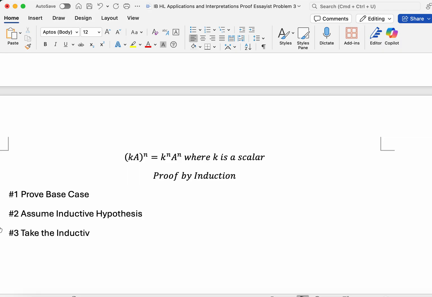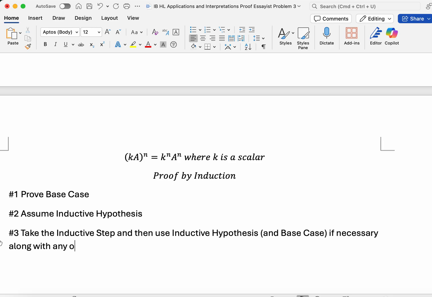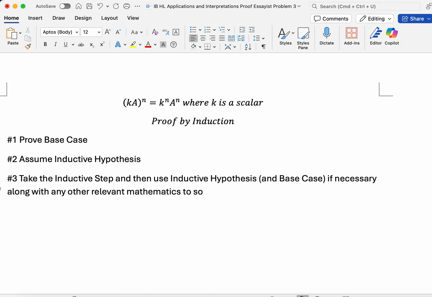Take the inductive step. And then use the inductive hypothesis and base case, if necessary, along with any other algebra, with any other relevant mathematics, to solve the problem.